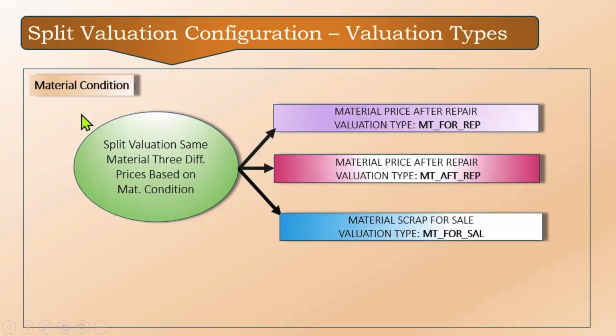So, split valuation: same material, three different prices based on material condition. Material for repair will have one price. Material after repair will have one price. Material for sale, which is scrap, will have another price. This is what this diagram makes you understand. Move on to the next slide.